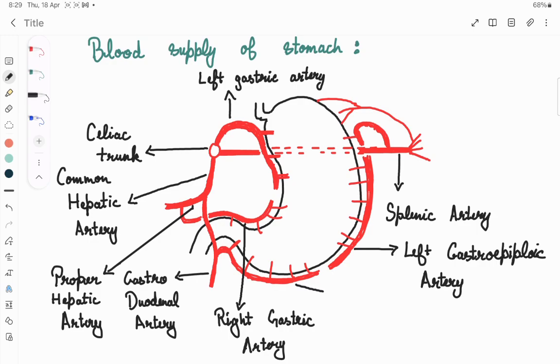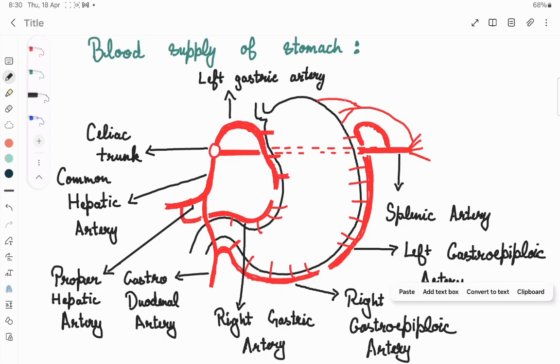And the last major artery to be marked here is the right gastroepiploic artery, and the right gastroepiploic artery is a branch of the gastroduodenal artery, which is a branch of the common hepatic artery, which is a branch of the celiac trunk.